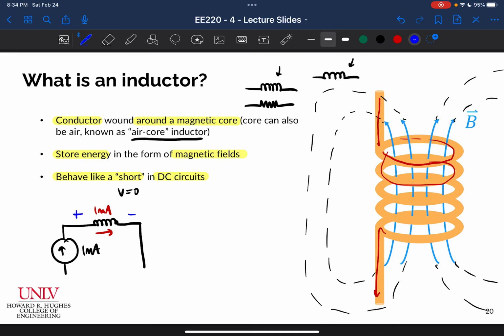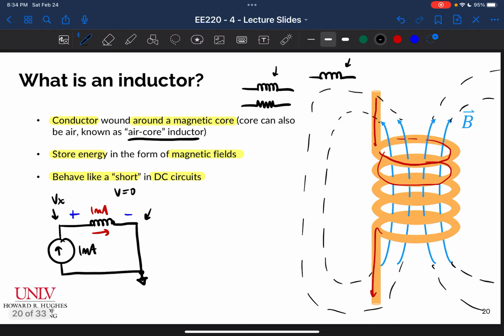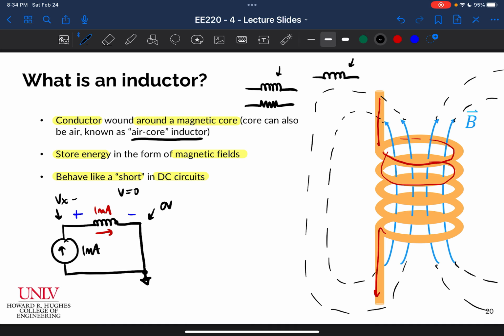But this is not a resistor, this is an inductor. Let me just complete the circuit here. My inductor behaves like a short in DC circuits, so it basically just looks like a wire. The voltage here, let's call it Vx, would be exactly the same as the voltage here. Because this is grounded, this would be 0 volts, and this would also be 0 volts. It seems pretty strange that that could be the case, but that is 100% the case for inductors at DC.